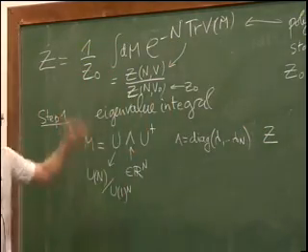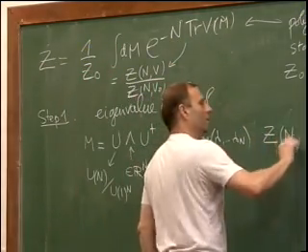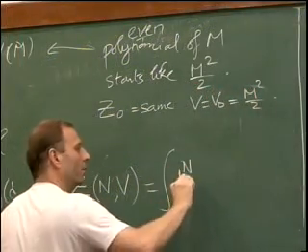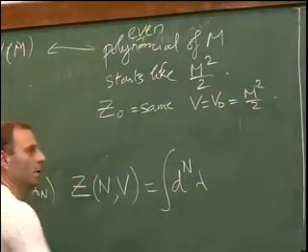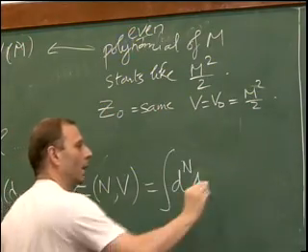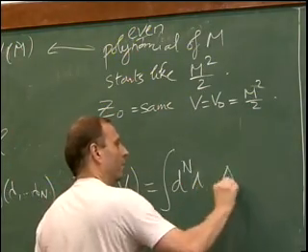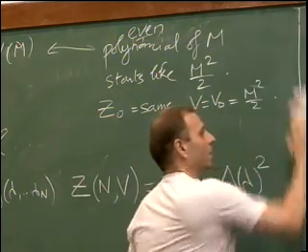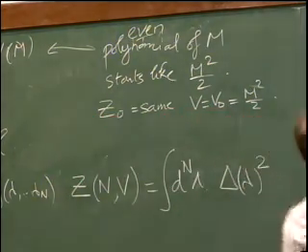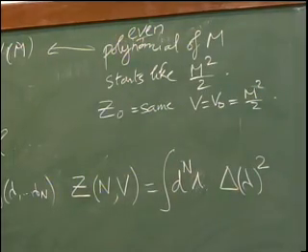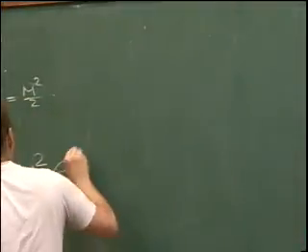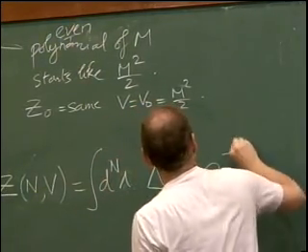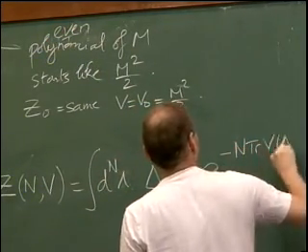So now I'm looking at z of n and v, and I say it's an integral over the n eigenvalues of a certain factor which I will explain, times exponential of minus n trace v of big lambda.